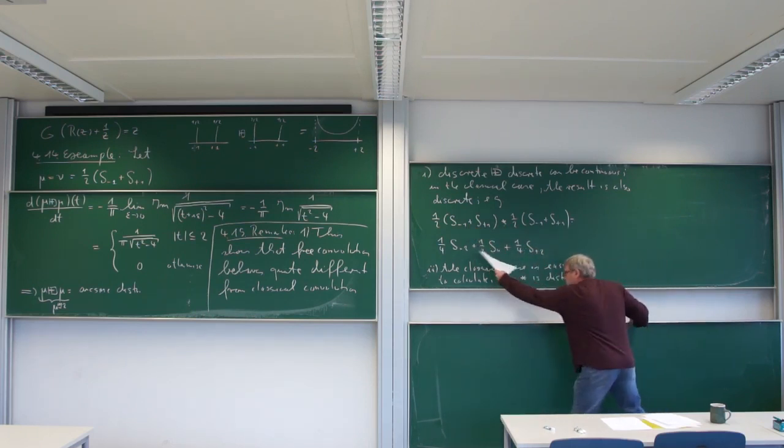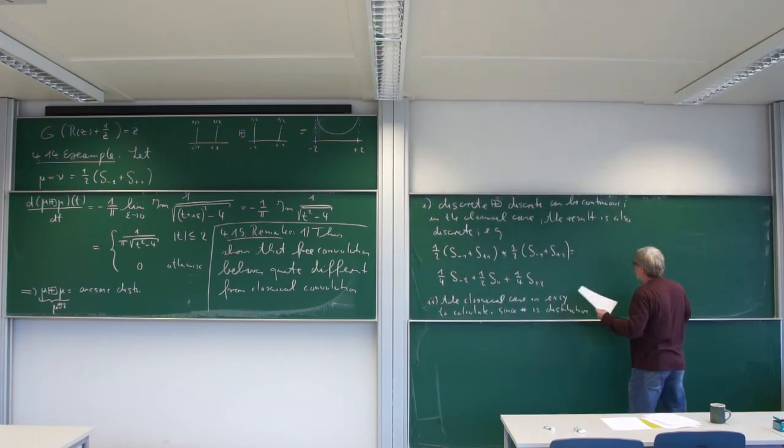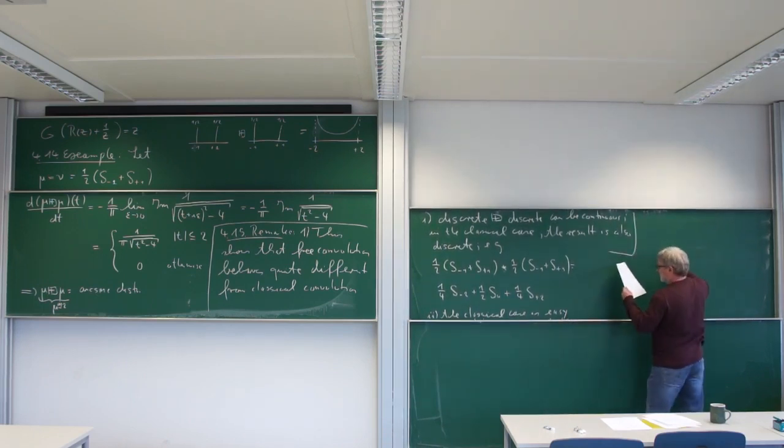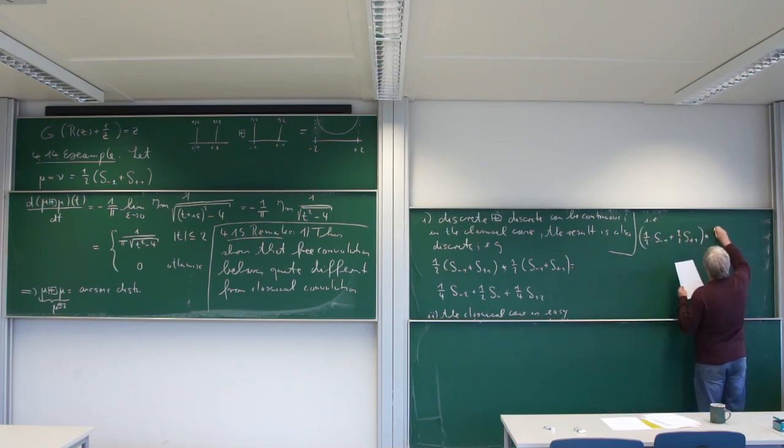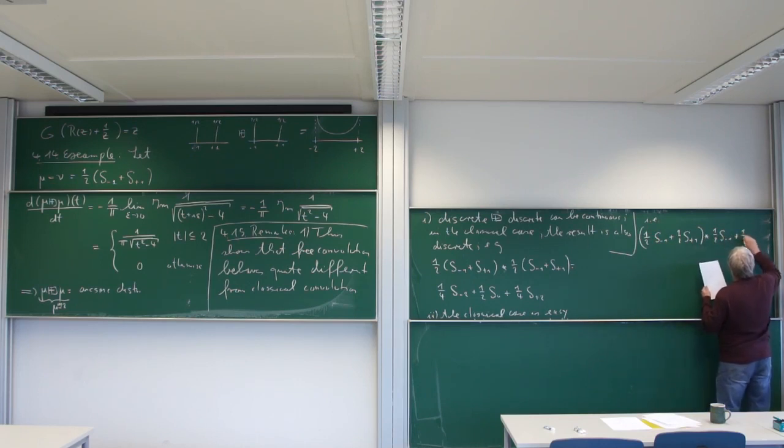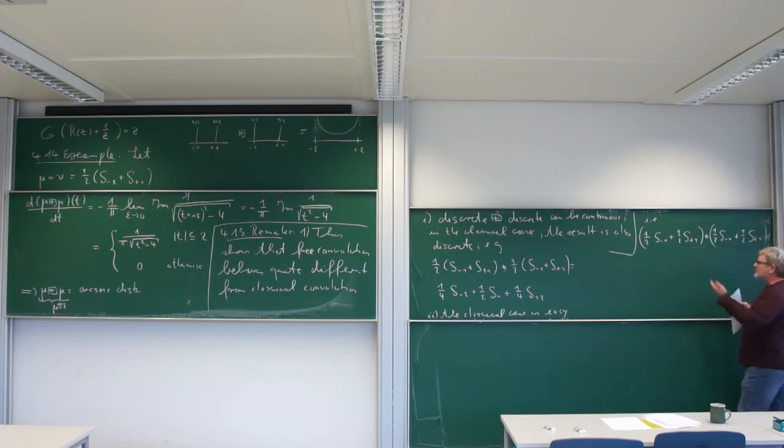So this means this result I can also just get formally by saying, okay, I want to do 1/2 delta minus 1 plus 1/2 delta plus 1, I take the convolution of this with itself, and I just do this by multiplying it out and then take the convolutions of this with this and this with this and so on.